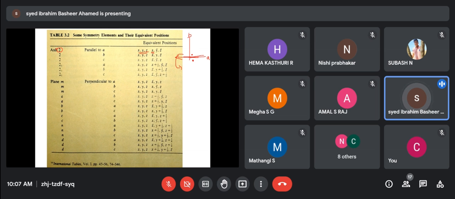So the B coordinate and C coordinate will definitely change. That is why the equivalent position for this is x, y bar, z bar. Is it clear?